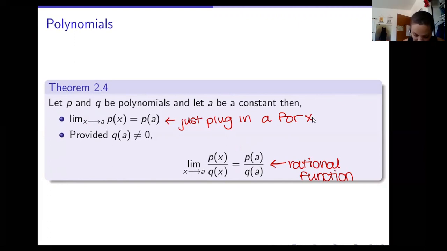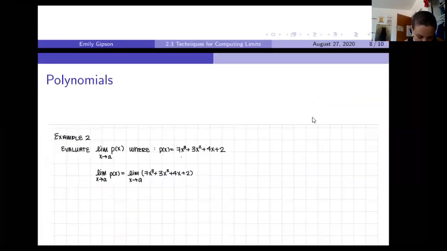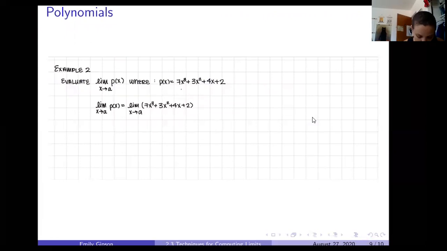So let's go ahead and see an example. This is example 2. Evaluate the limit of p of x as x approaches a, where p of x equals 7x cubed plus 3x squared plus 4x plus 2. Based on my definition of a polynomial from a couple slides previous, this is indeed a polynomial. So the first thing we do is use our limit laws to separate this out.